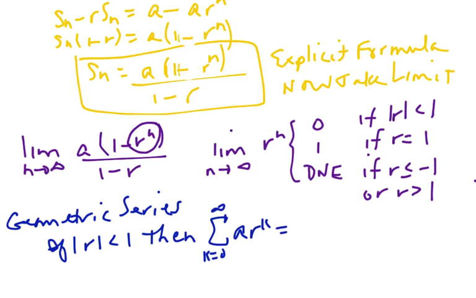So to wrap this up, if the absolute value of r is less than 1, then the geometric series is going to converge, and it converges to a over (1 minus r). If the absolute value of r is greater than or equal to 1, then the series diverges.